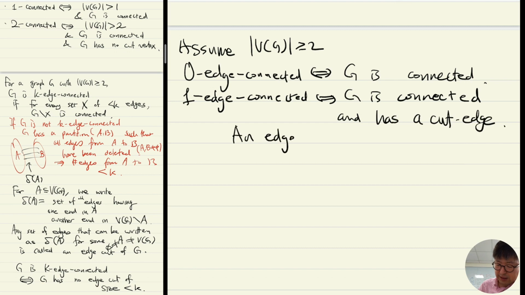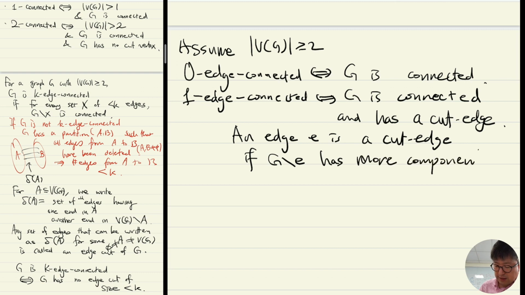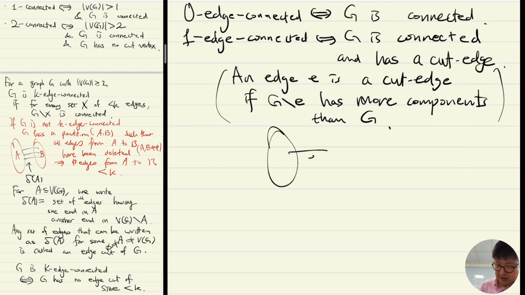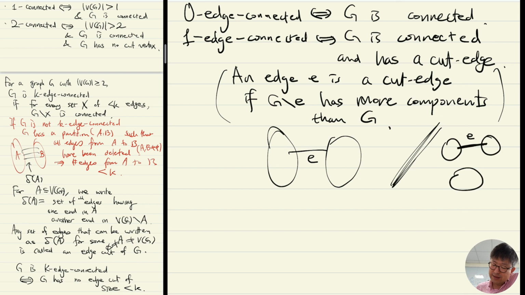So an edge e is a cut edge if G delete e has more, okay, let's say more components than G. So something like this is a cut edge, right? When you delete it, you increase the number of components. I want to call this edge a cut edge later, so that's why I'm using these definitions.